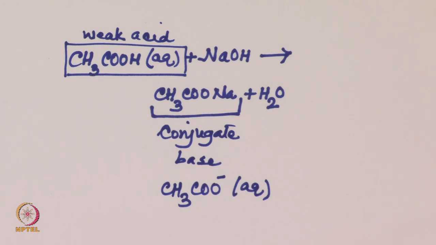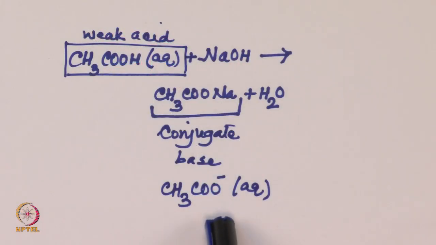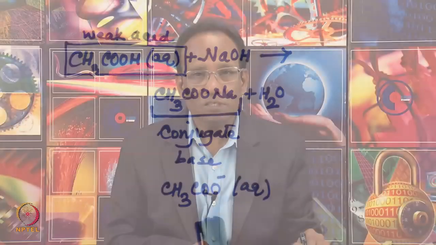When we titrate weak acid with a strong base, CH3COO minus is a Bronsted base, it can accept a proton, and therefore, we can expect the solution to have a pH which is greater than 7, because pH greater than 7 is supposed to be an alkaline solution, that is in which there is an excess of the base.